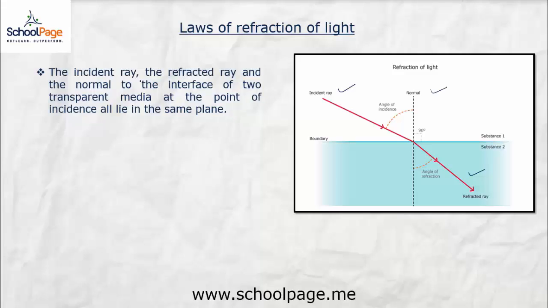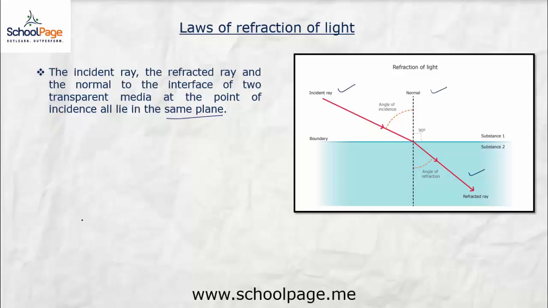This law is true because the incident ray, the refracted ray, and the normal all are in the same plane. It is not that the incident ray is in this slide and the refracted ray is in some other slide. All the three meet at a same point of incidence. This is called as first law.